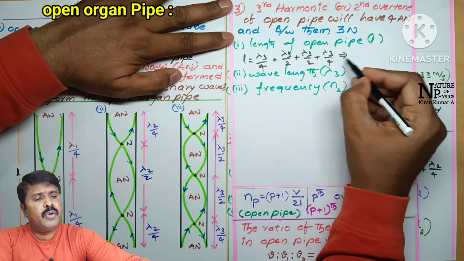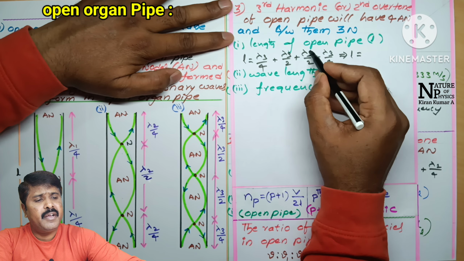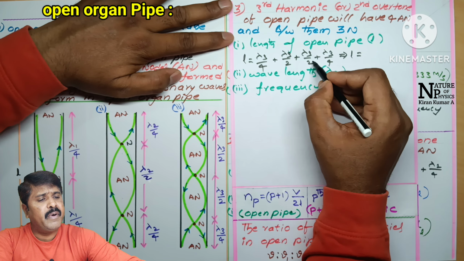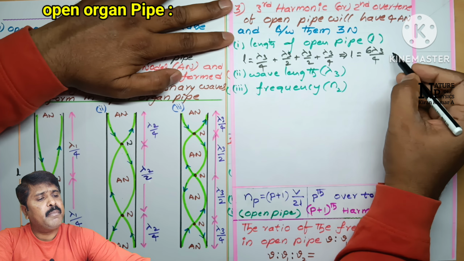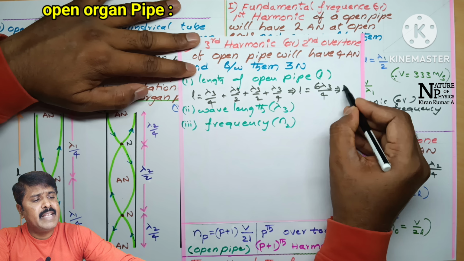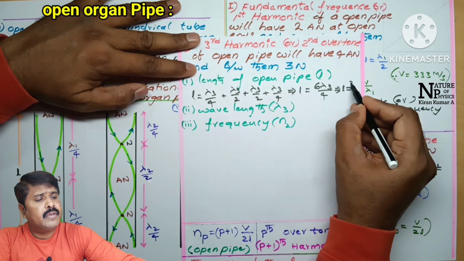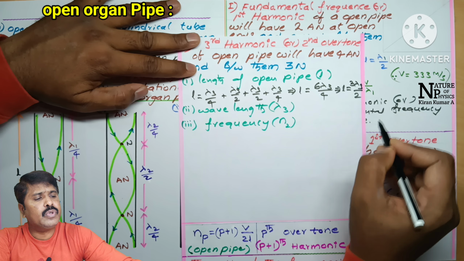So here I get L equal to, multiplying and dividing, 2 plus 2 is 4, plus 1 plus 1, that is 6 lambda 3 divided by 4. Finally the length of the pipe L is equal to 3 lambda 3 divided by 2, student. This is the length I got.